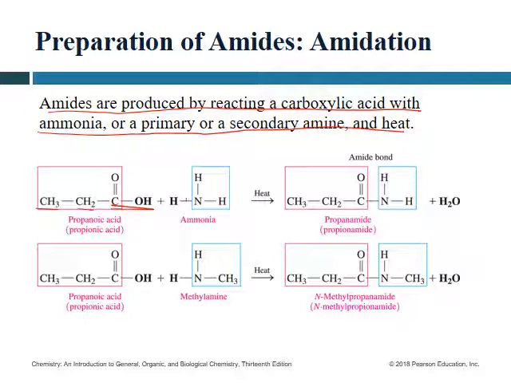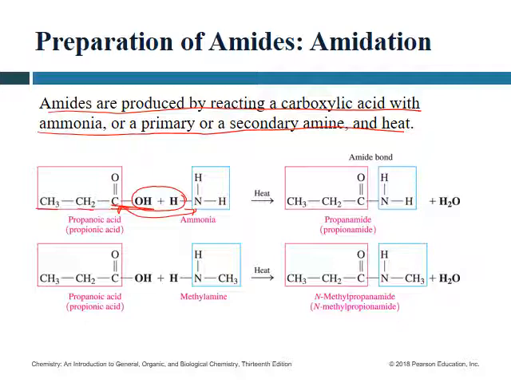One of the hydrogens from ammonia and the hydroxyl group from carboxylic acid would react with each other, and this would be lost as H2O. As this is lost as water, whatever rest is left, it will join with each other. So this and this will now join with each other, and that would give you amide. So you simply get rid of this water and connect everything else. So this is CH3, CH2, C double bond O, single bond, and NH2.